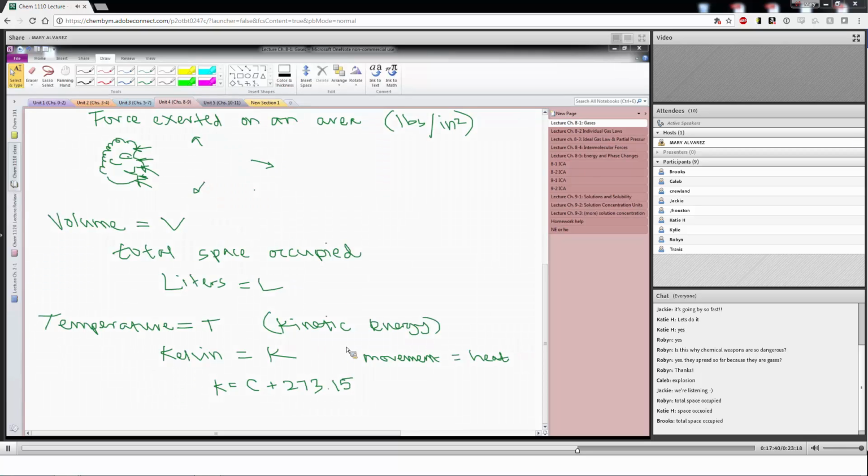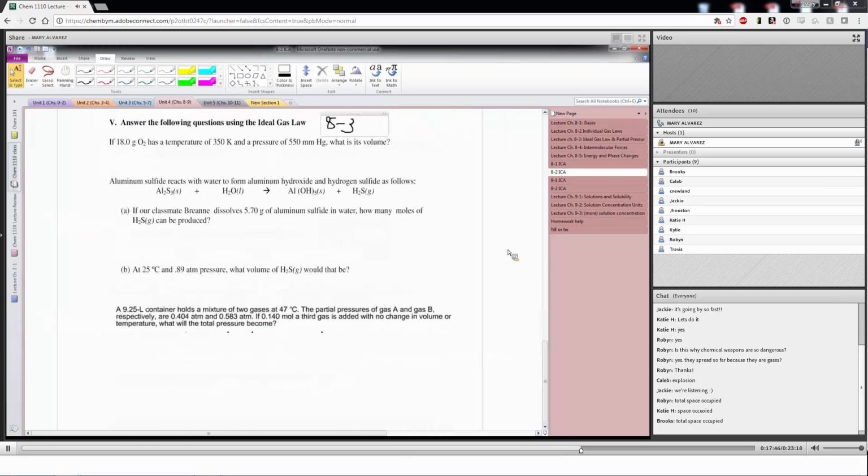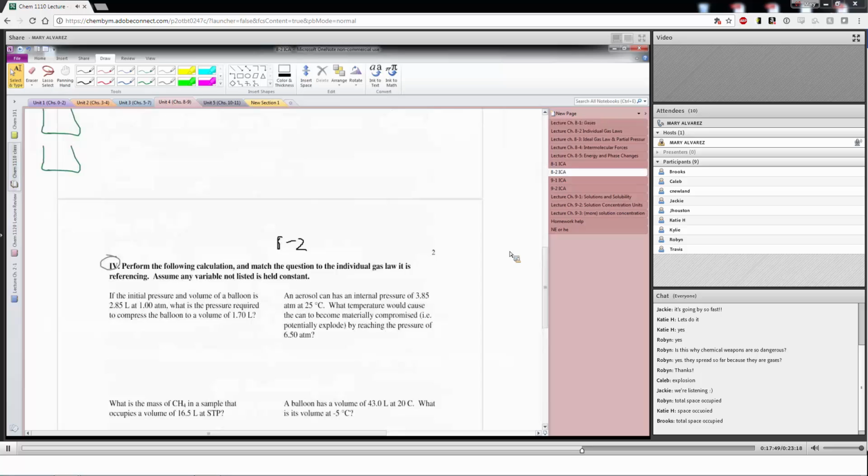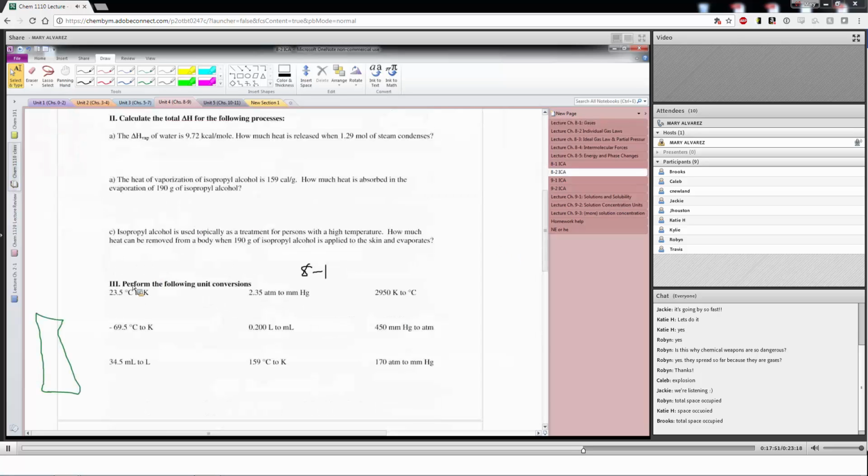So let's see. The first thing then I want you guys to do, if we go over to our 8.2 in class activity sheet, and we look at section 3, sorry, it's kind of buried in here. These are the unit conversions for temperature, volume, and pressure, just to get us familiar with doing these for the math that we're going to need to do for gases.